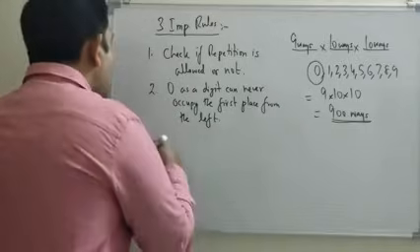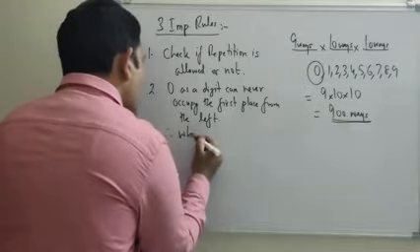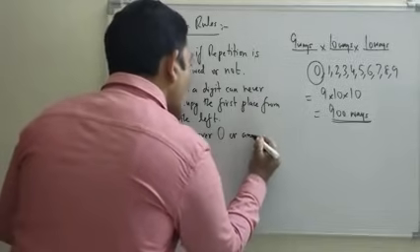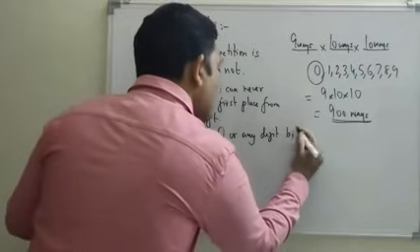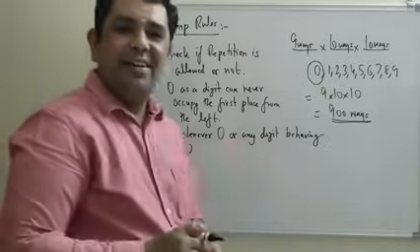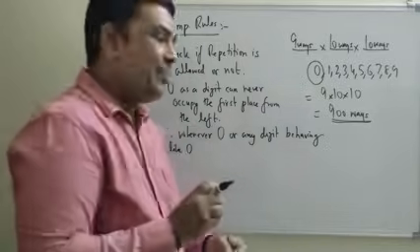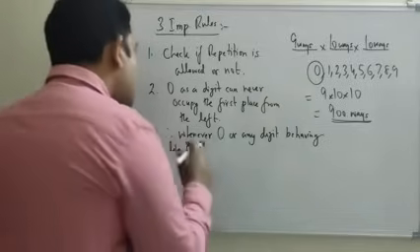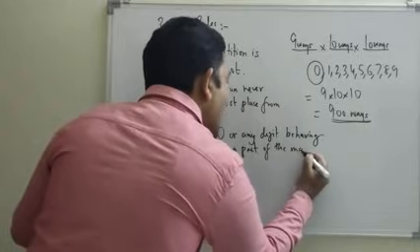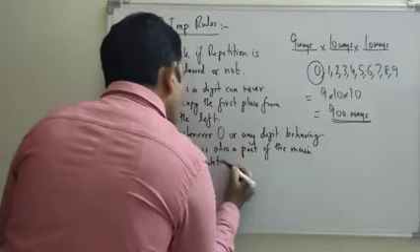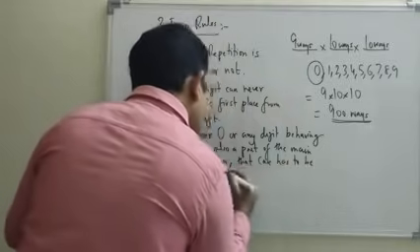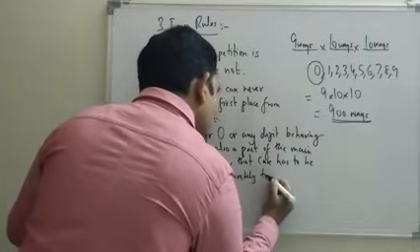And the third, therefore, whenever 0 or any digit behaving like 0 is also a part of the main condition, that case has to be separately treated.